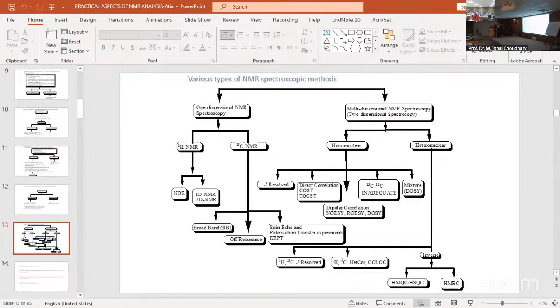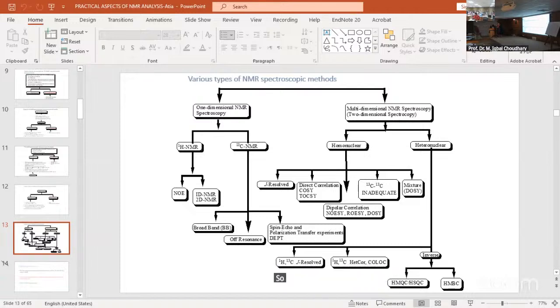MCQ 5. The question is, what is the C13 resonance frequency on a 600 megahertz NMR spectrometer?